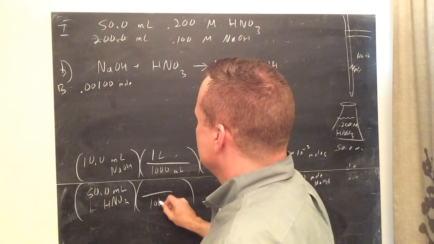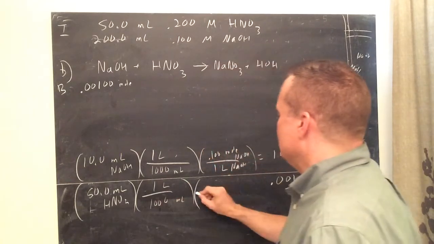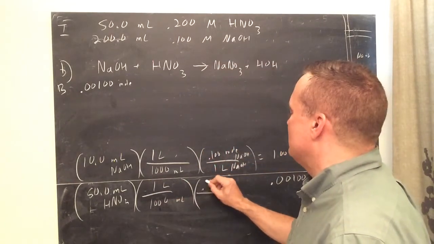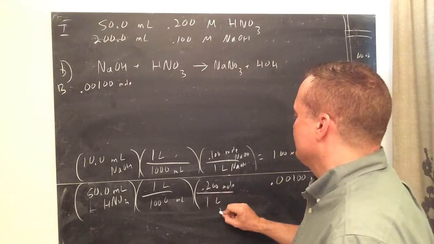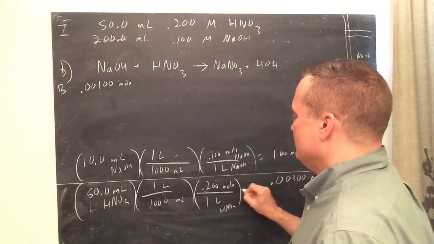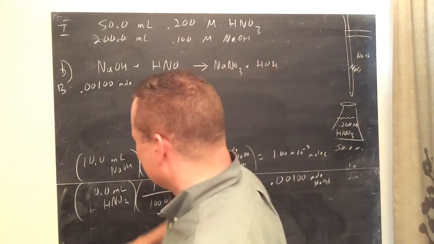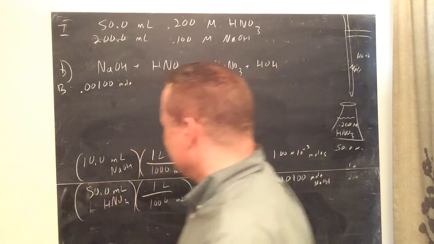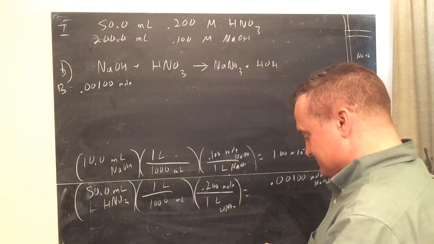Okay, 1,000 to 1. Then you use 0.200 for its moles. And so it's going to be 50. That 5 looks really weird, doesn't it? Almost like a 6. And I don't know if that's better. 50 times 0.200 divided by 1,000.